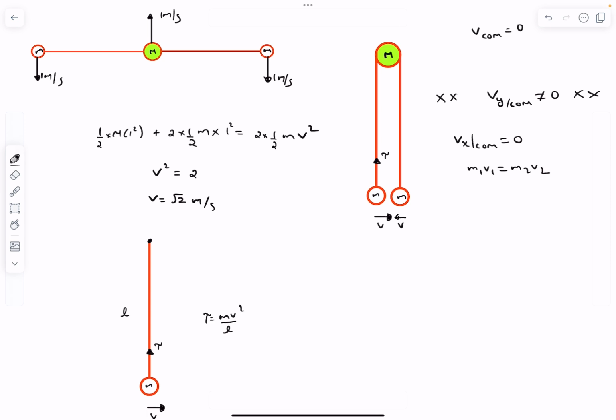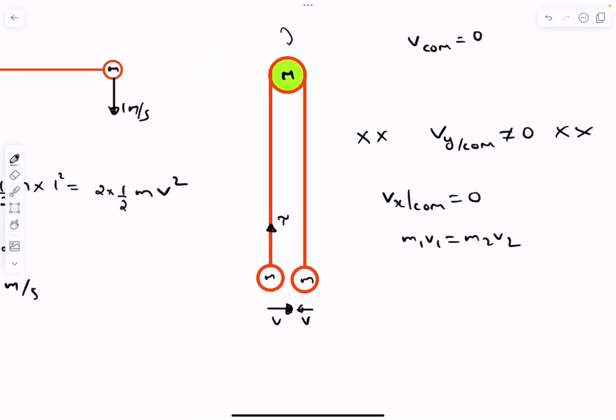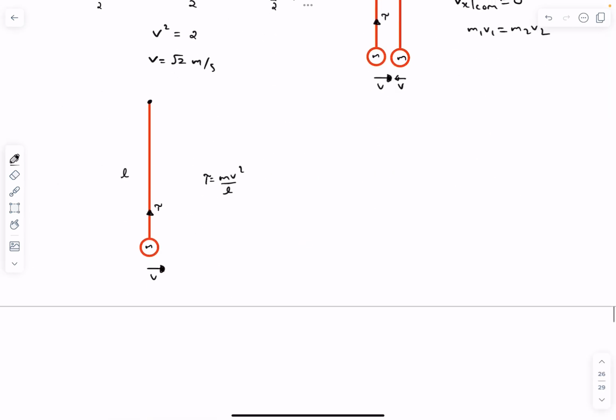Let's look at this diagram. Observe the capital M mass for a second. It is being pulled by a force of T plus T, which is 2T, so it has an acceleration of 2T by capital M in the downward direction. Which means this point over here has the same acceleration a in the downward direction.